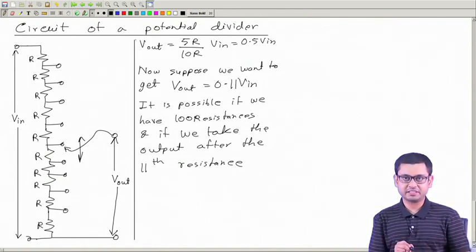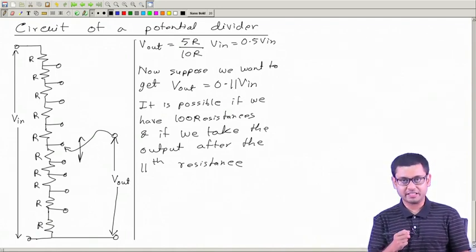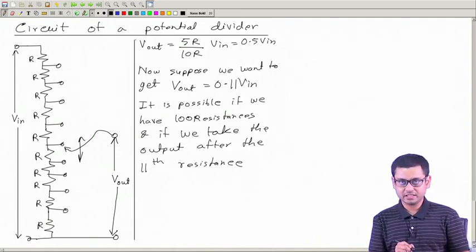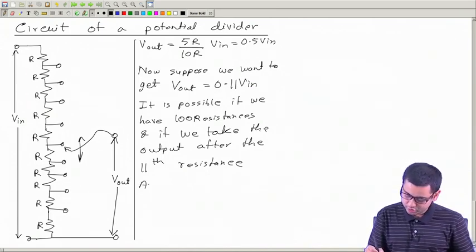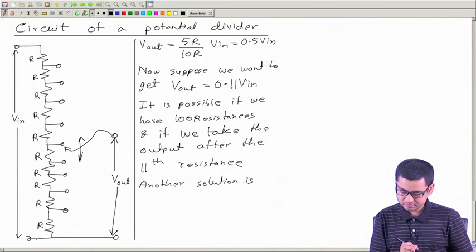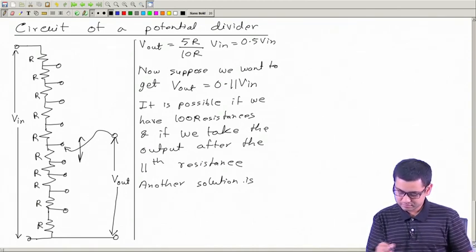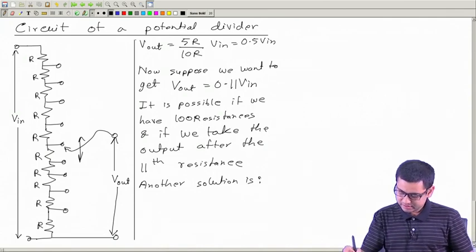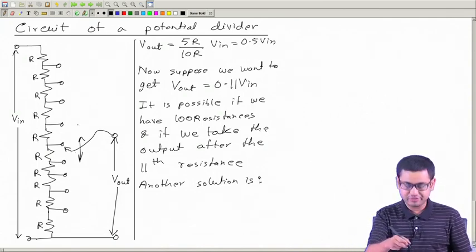For 4 decimal place division, we need 10,000 resistances. It is very clumsy and not a good idea. So, another solution is to connect potential dividers in cascade.